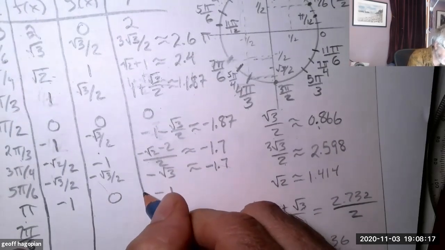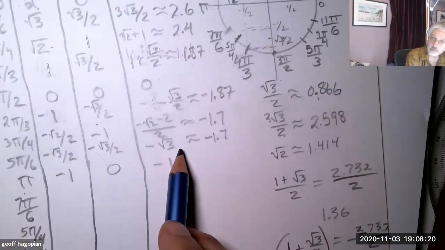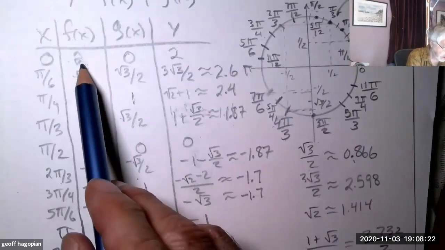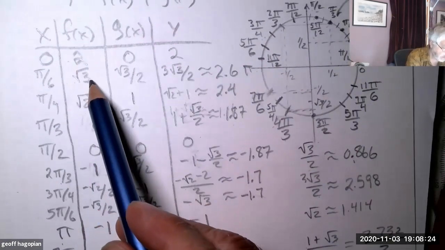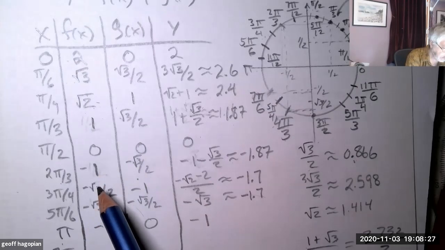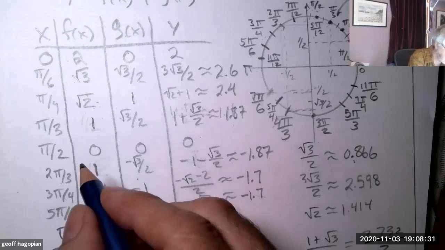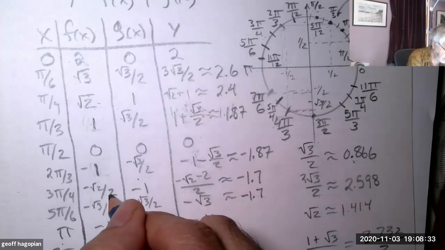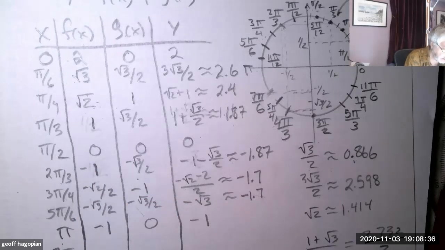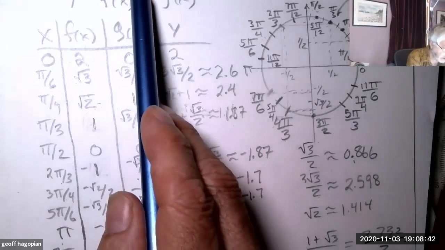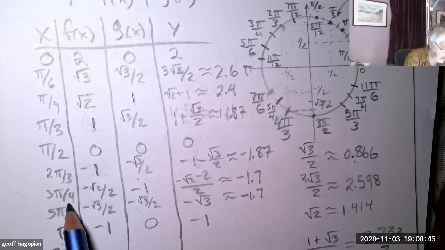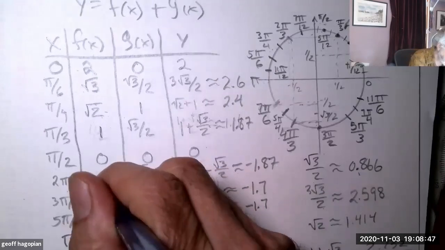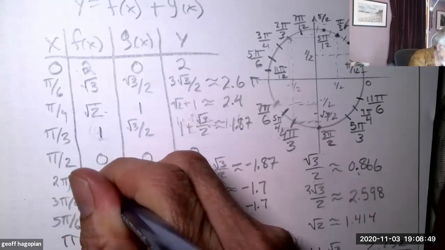We've got f of x and g of x, and then the sum of f of x and g of x. And we saw a pattern in f of x, right? Was I forgetting to multiply by 2 here? f of x is twice cosine of x, right? At 3 pi over 4, yeah, I was a little bit out of sorts yesterday.